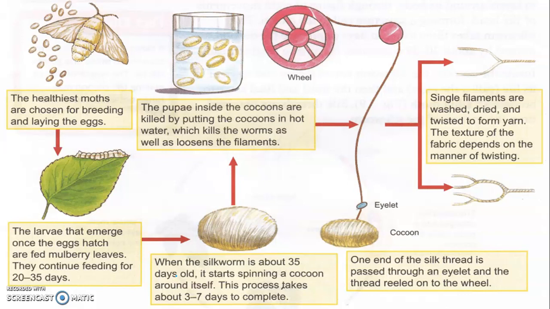But some people take the cocoon and put it in boiling water. So the pupa gets killed, but the filaments, the threads, start to loosen and come out. Then from that cocoon they take the silk thread, pass it through an eyelet, and reel it on a wheel.